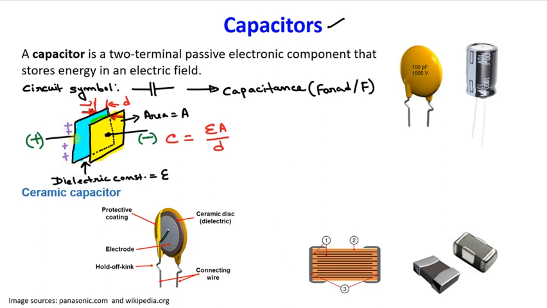Then all positive charge will be stored here, as these two plates are electrically isolated, and all negative charges will be stored here, right? And if the voltage applied is V and the charge stored in each plate is Q, then the capacitance can also be defined as the ratio of Q by V, isn't it? Where this V is the voltage difference between these two terminals or the applied voltage.